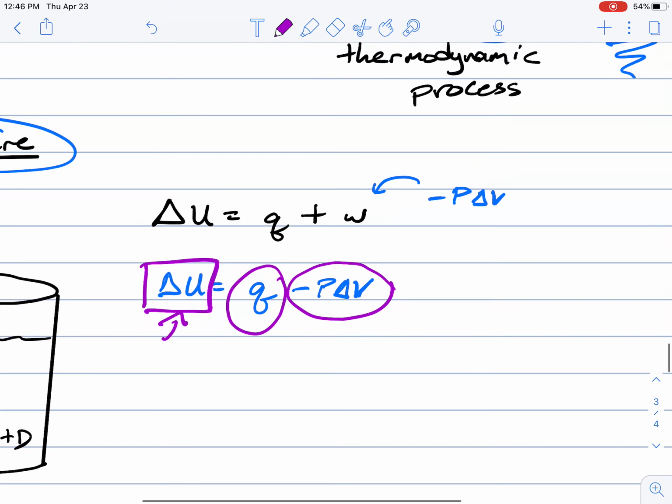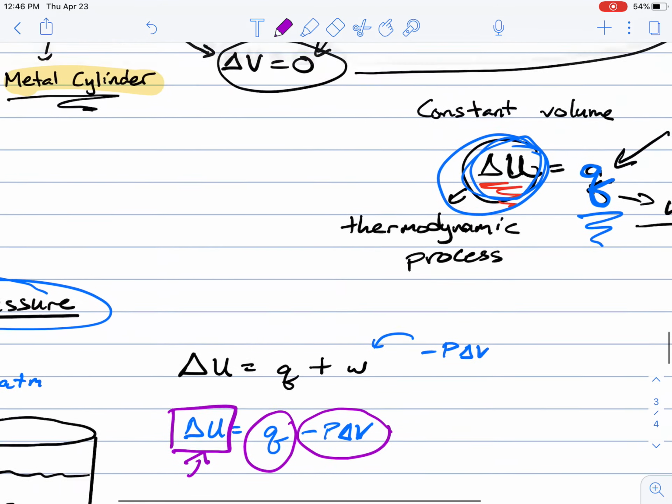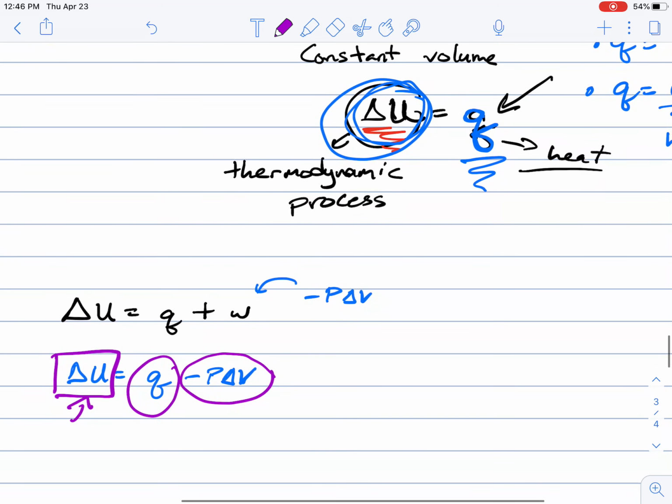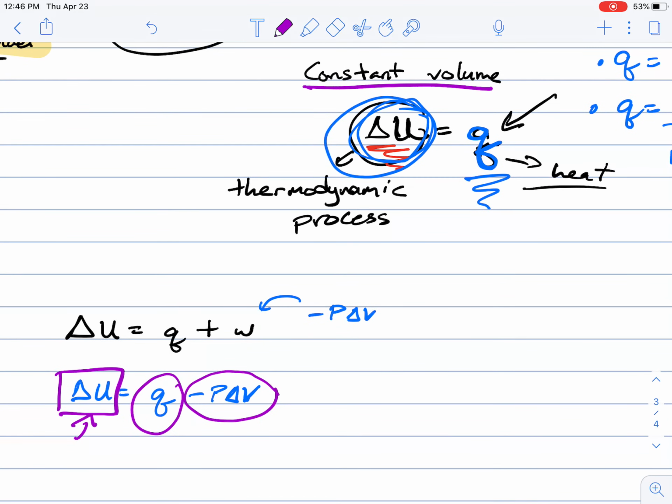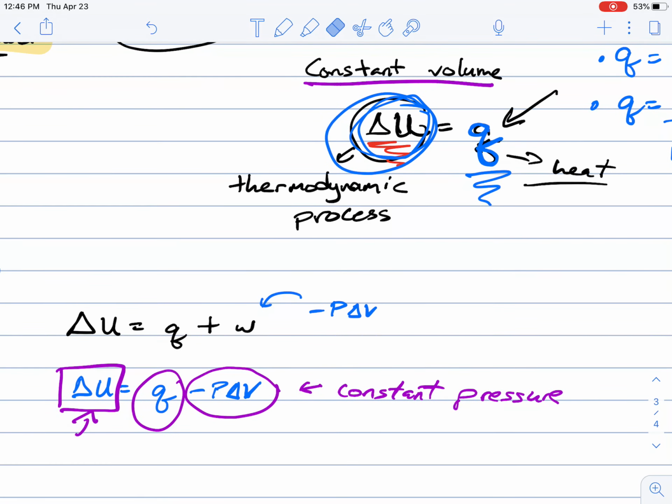This is a huge difference between constant volume and constant pressure. One way you can calculate the change in internal energy under constant pressure is by determining Q, the pressure, and the change in volume.